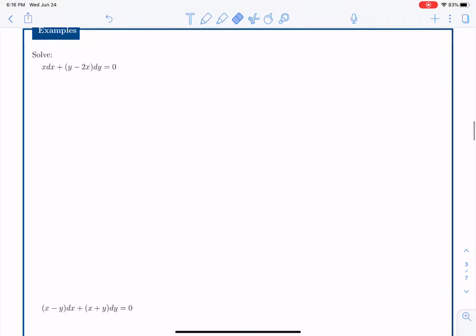So here's an equation which seems to be homogeneous. So let's first see if the equation is in fact homogeneous. M of x comma y is x.